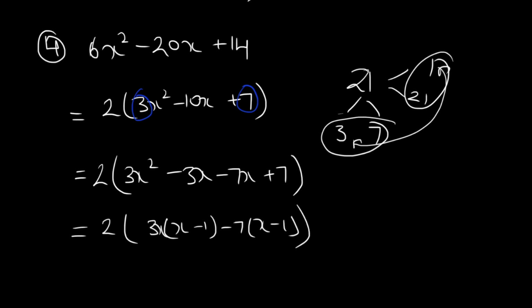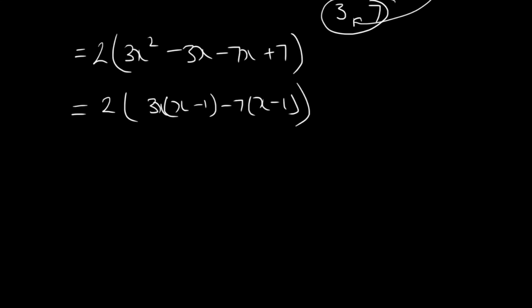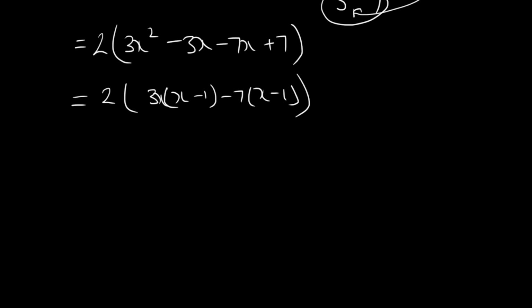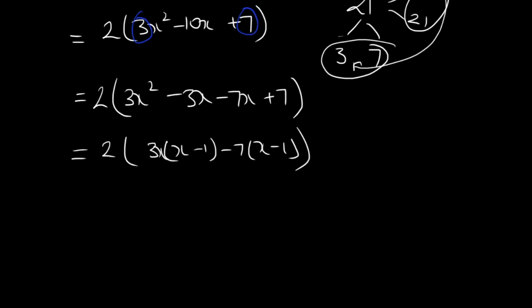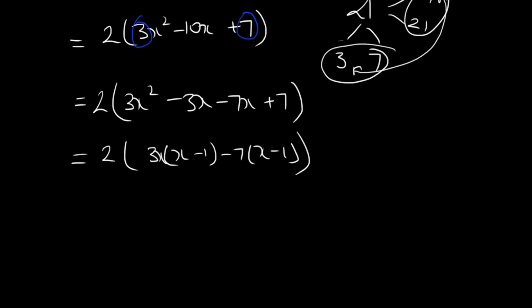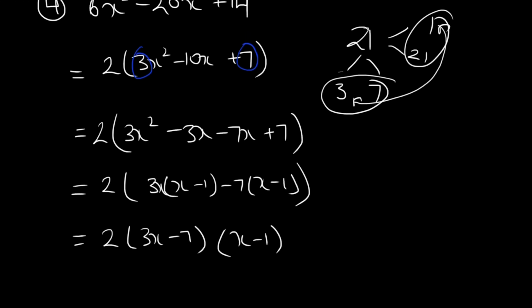Okay, let me just scroll down a bit here. Okay, and this will give me 3x minus 7 and x minus 1. Now, the good thing about using this method, where I factorize first, is that if the question tells you to fully factorize, this is actually fully factorized.